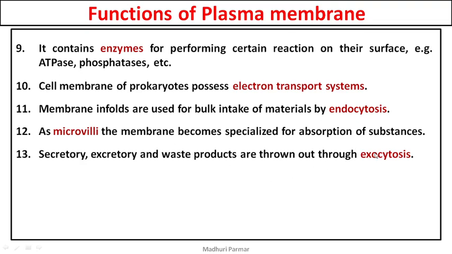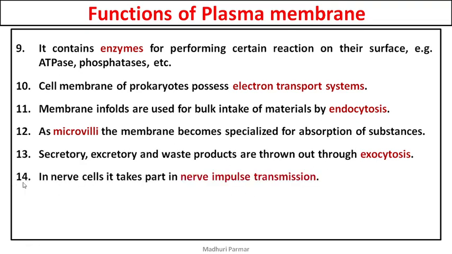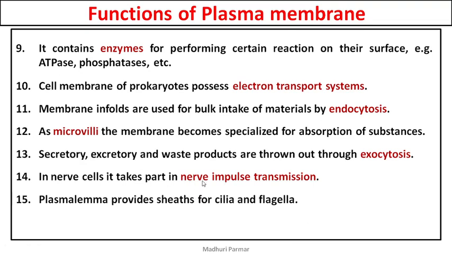All of that is thrown out through exocytosis. In nerve cells, in neurons, you have nerve impulse transmission or action potential. This action potential or nerve impulse transmission takes place on the plasma membrane. So it is important there as well.